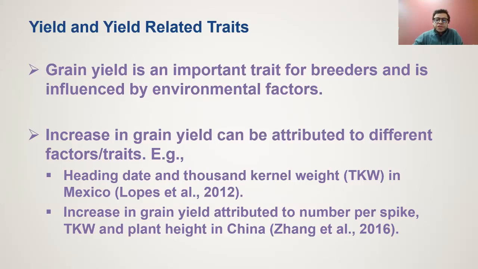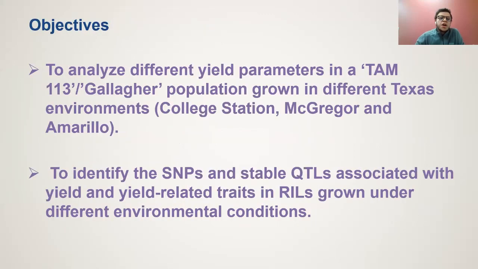In another example, increase in grain yield was attributed to high grain number per spike and 1,000 kernel weight, also in China.